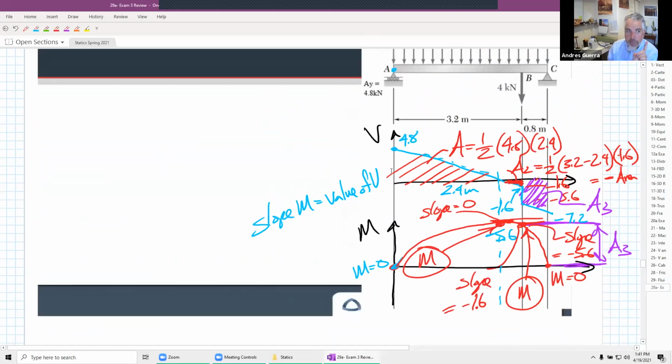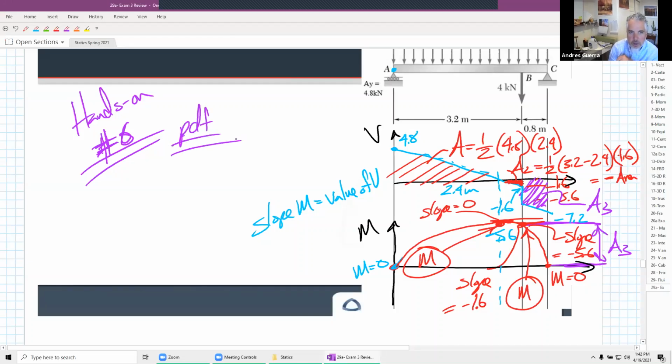Remember, for looking at V and M diagrams, I would recommend that document that's part of hands-on number 6. That's got a lot of key cases in there. I think having that handy during the exam, taking advantage of the open book, open notes, there's the PDF that has all those cases on there.